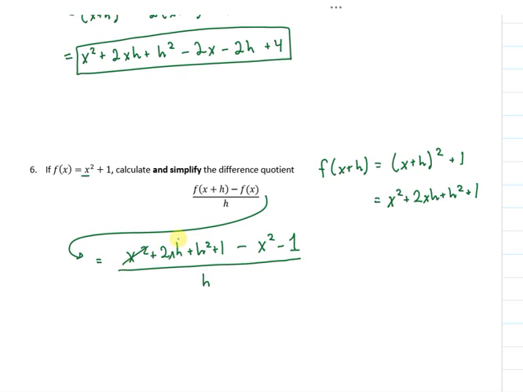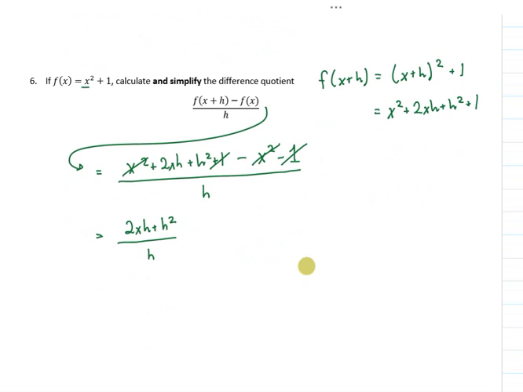Notice my x squared cancels with my x squared, my plus 1 cancels with my minus 1, so I get 2xh plus h squared divided by h. I can factor an h out of the top, so that's h times 2x plus h divided by h. Now my h's cancel, and I get 2x plus h.